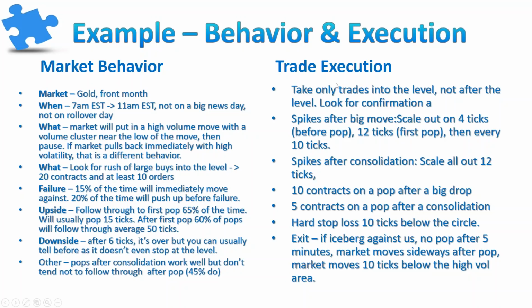So the level would be the area of high volume, and the trade would be I only take trades if I'm below that level, actually approaching that level, not the other side of the level. This is a badly written slide because I haven't finished the sentence. So this slide is really just to give you the concept of behavior and execution. It's not to give you hard and fast trading rules.